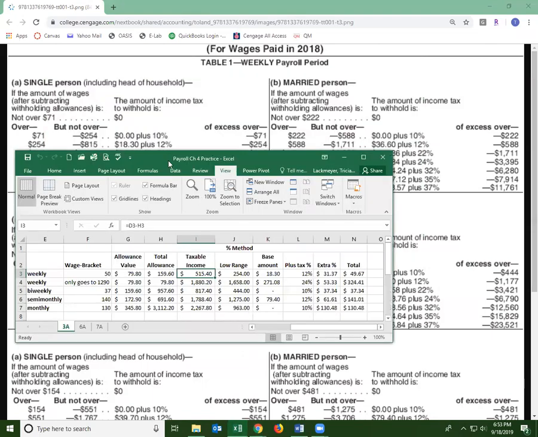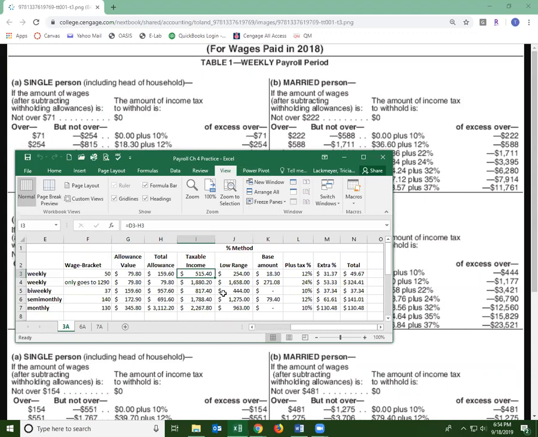So this person goes in the range of, they make over $254 a week, but not over $815. And so that $515.40 falls into that category. When they do, the amount of income tax to withhold is $18.30 plus 12% of any pay over $254.